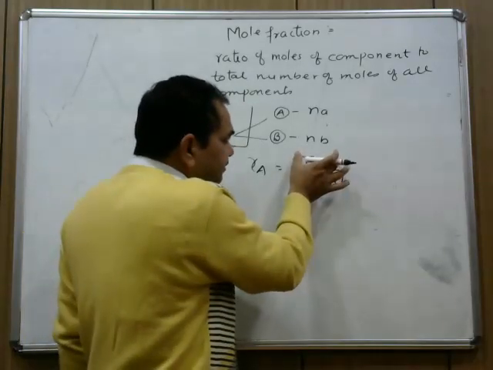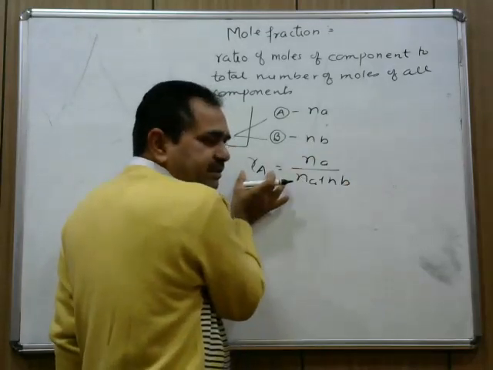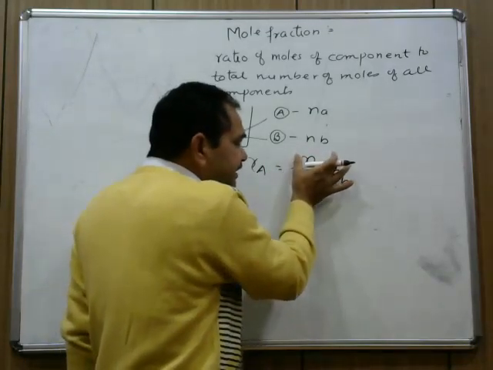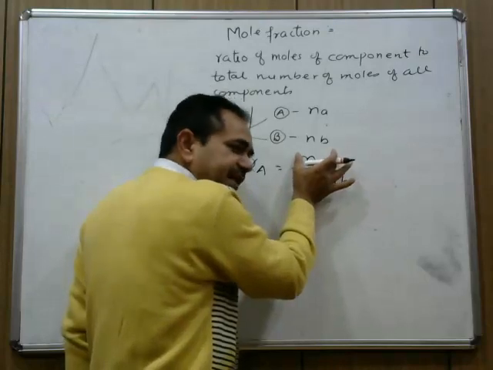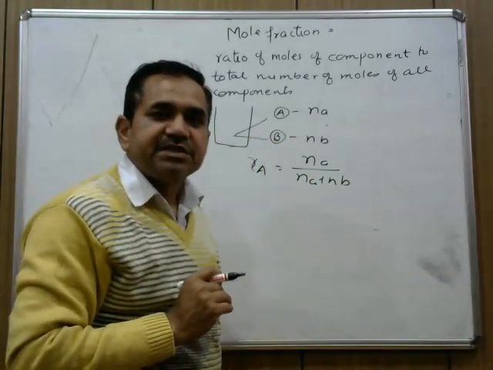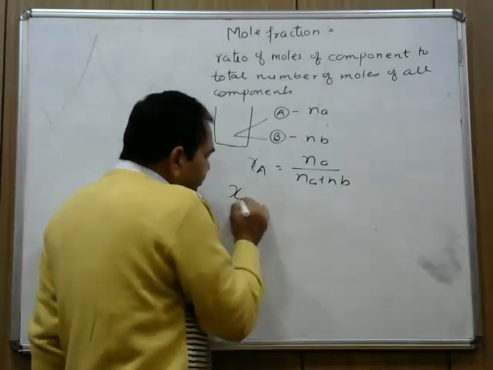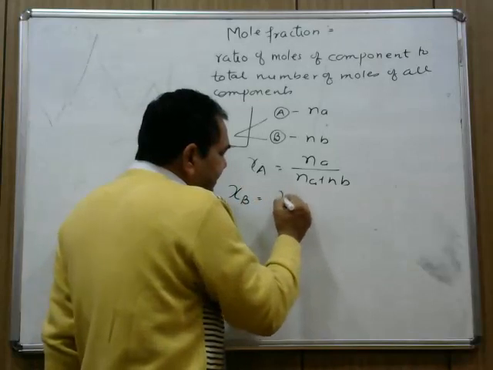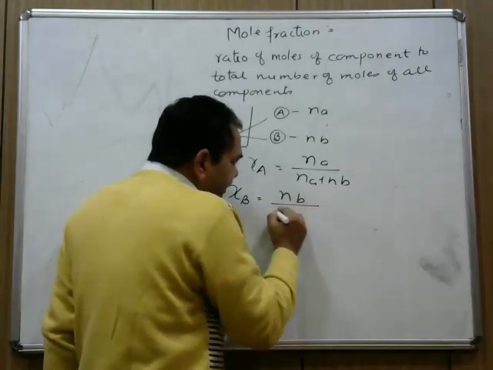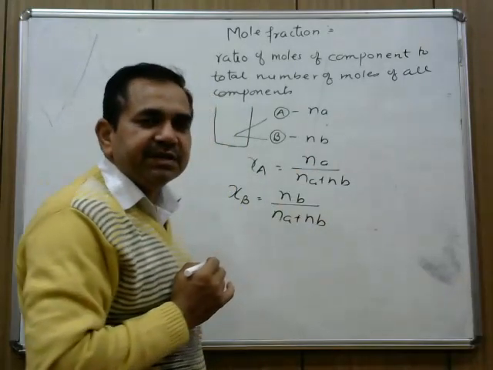So mole fraction of any component is equal to the ratio of the number of moles of that component to the total number of moles that are present in that solution. Similarly, mole fraction of B is given by Nb divided by Na plus Nb.